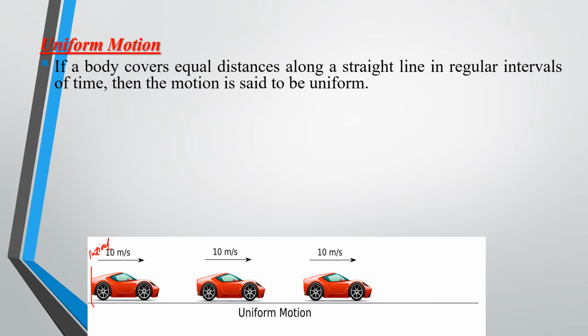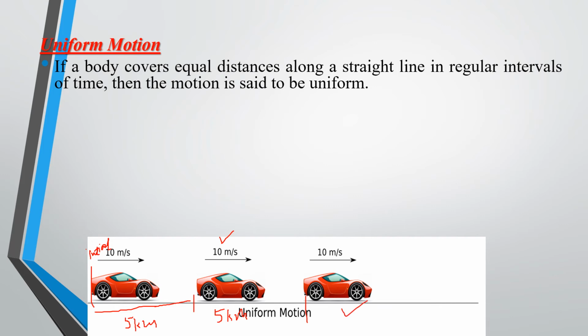After it covers 5 kilometer from this point to this point, again for the second 5 kilometer, the same distance interval, what happened to the speed? Again, it is 10 meter per second. That means it is carrying a constant speed for every distance. So this condition we say is a uniform motion.